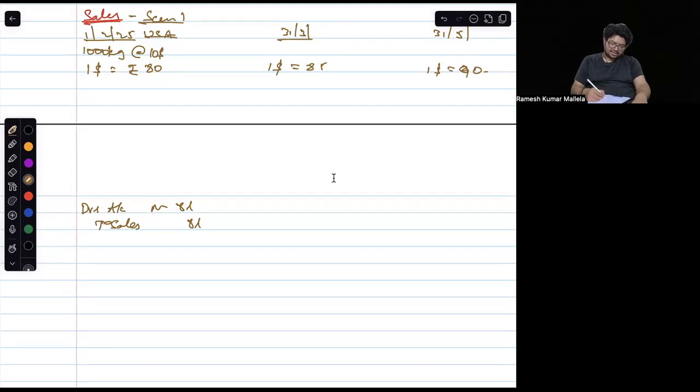Then on 31st March, normally you would receive 8 lakhs, but now you will get 50,000 extra. So is that a gain for you or loss for you?